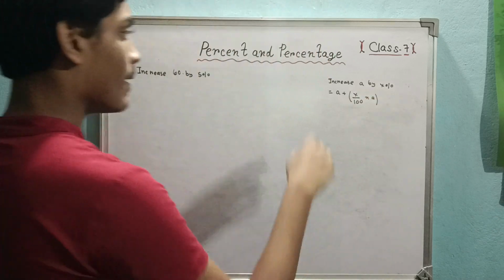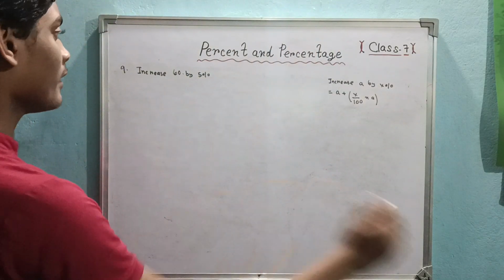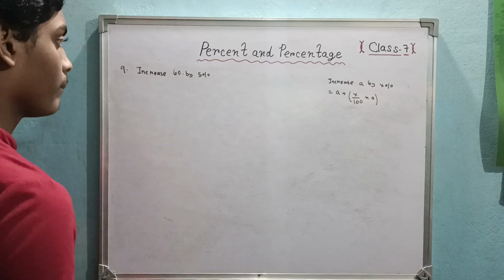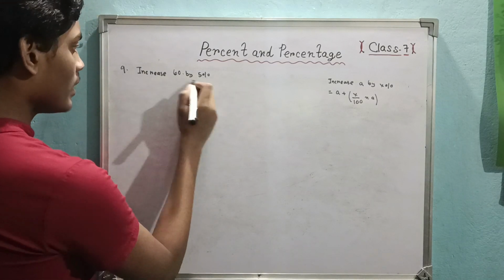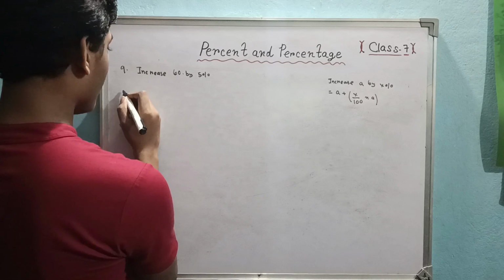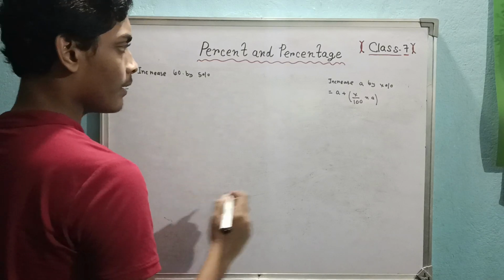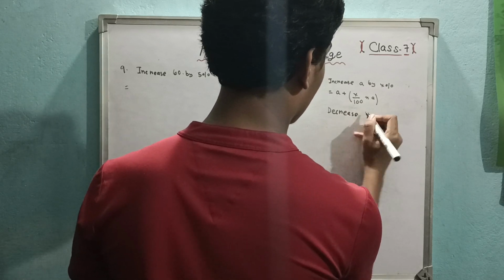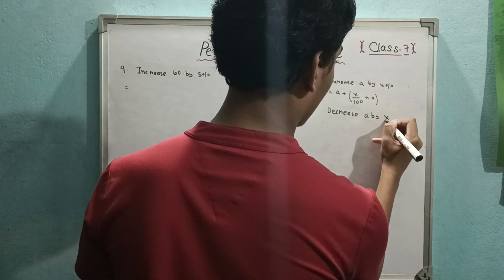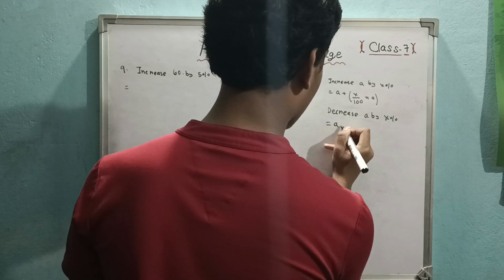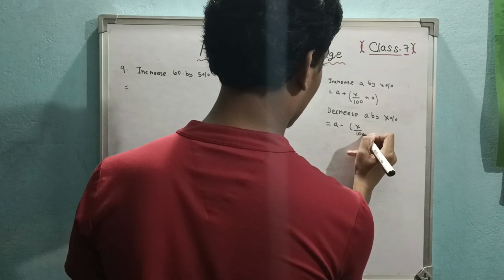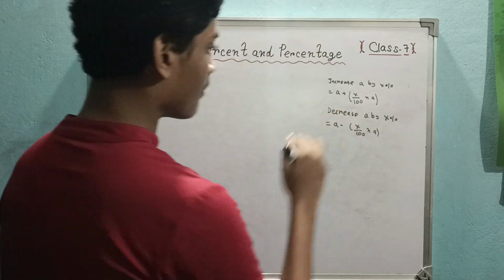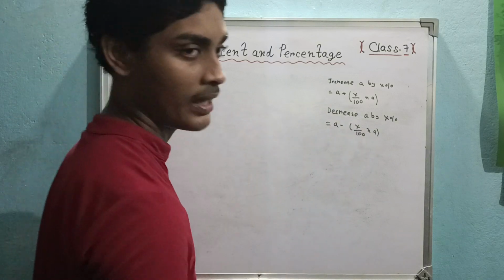That means the number a plus x% of a. And if it is decrease a by x%, it will be equal to a minus x by 100 into a. This means the number a minus x% of a.